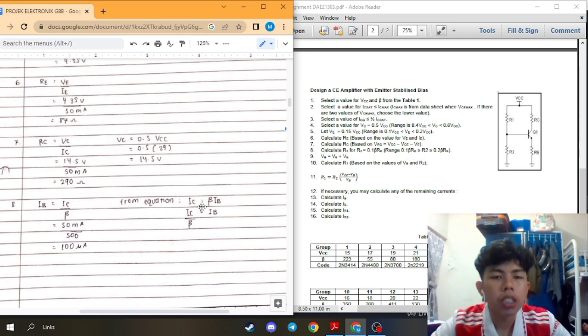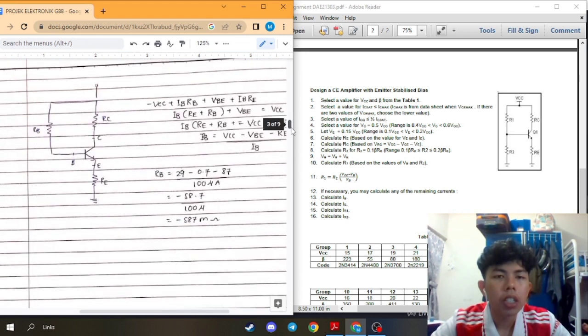From the equation IC equal beta IB, we derive this, so we got 50 milliampere over 500, and we got 100 microampere. So we go through. Okay, from this we got this equation.